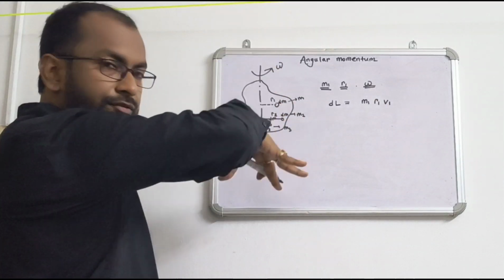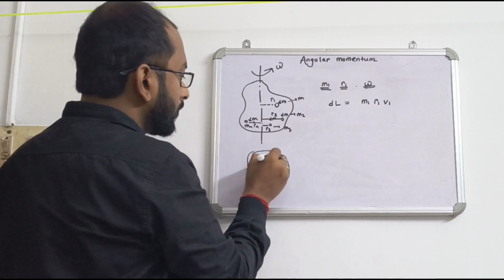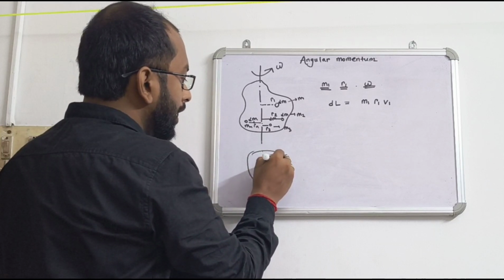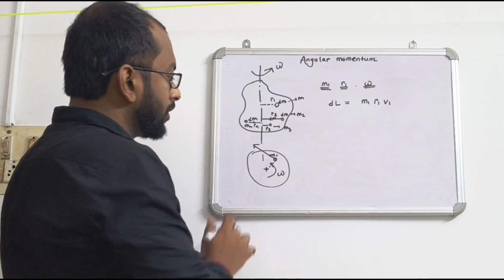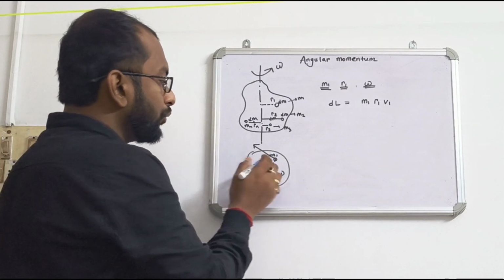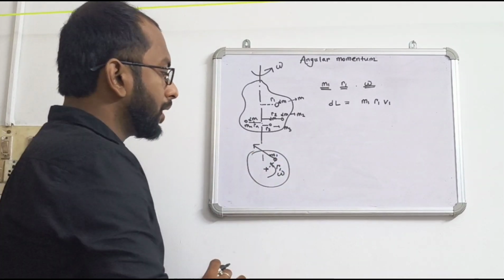Because if I see it from the top, suppose this is the top view, this is the m1 mass, it is rotating with angular velocity omega. That velocity is tangential to the r vector or r1 vector for this particular particle.